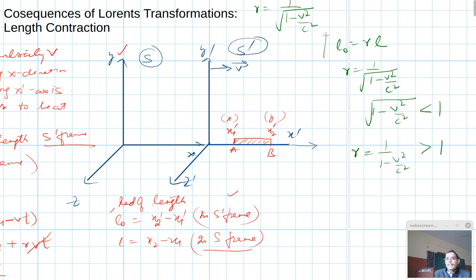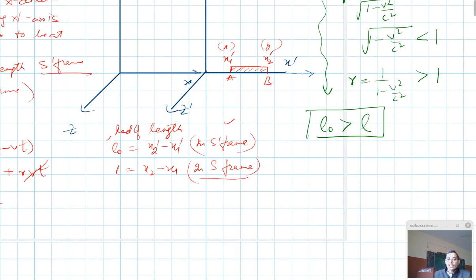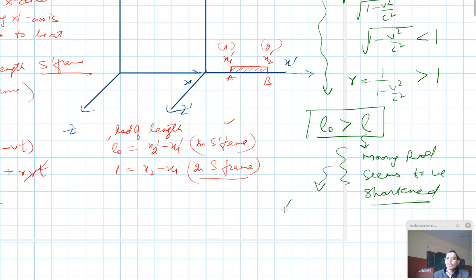So if I look at this, I can say that L0 is always greater than L, meaning the moving rod is shortened. The moving rod seems to be shortened, and this phenomenon is known as length contraction.